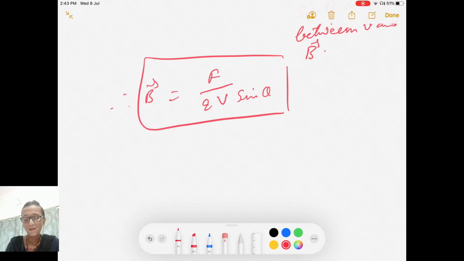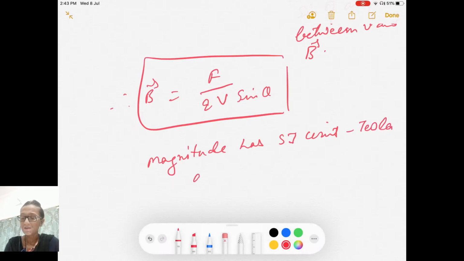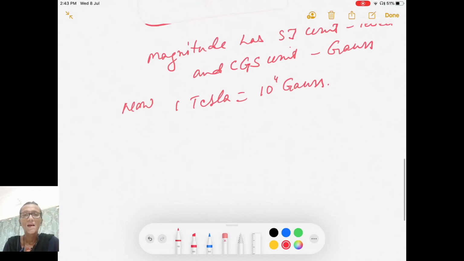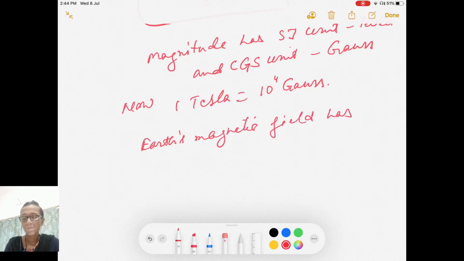Now the magnetic field magnitude has SI unit Tesla and CGS unit Gauss. 1 Tesla is equal to 10 to the power 4 Gauss, and you will be amazed that Earth's magnetic field has strength B equal to 10 to the power minus 5 Tesla, such a small value.